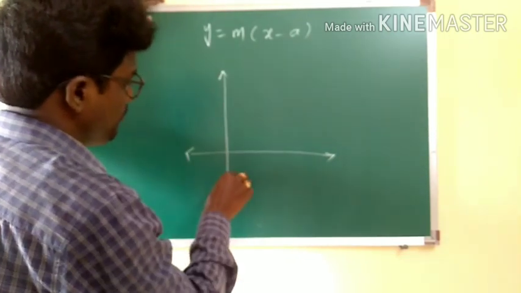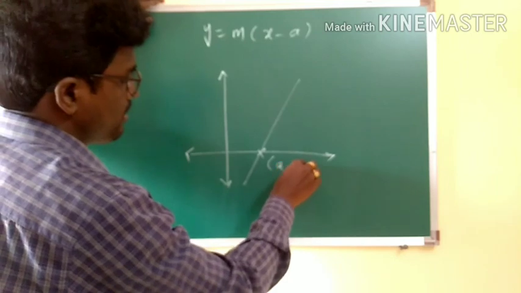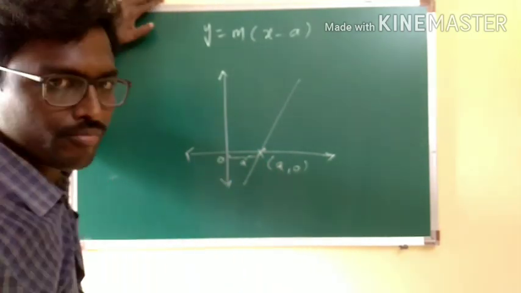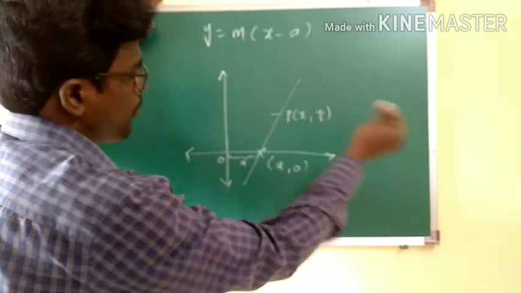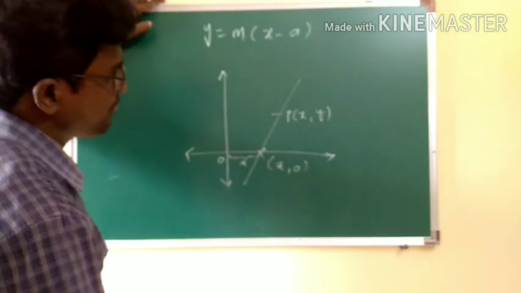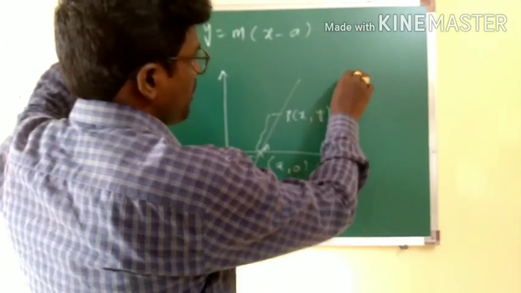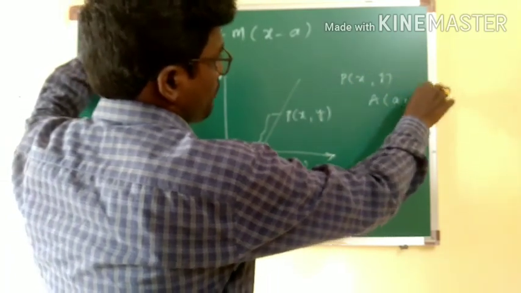What is the reason? If the line is going to cut the x-axis at a units away from the origin, then the point will be a comma 0. And as I have taken in the previous case, it is a collection of the points which are in the form of x comma y. Then what is the slope of these 2 points? Let's say this point is a. x comma y and a comma 0.